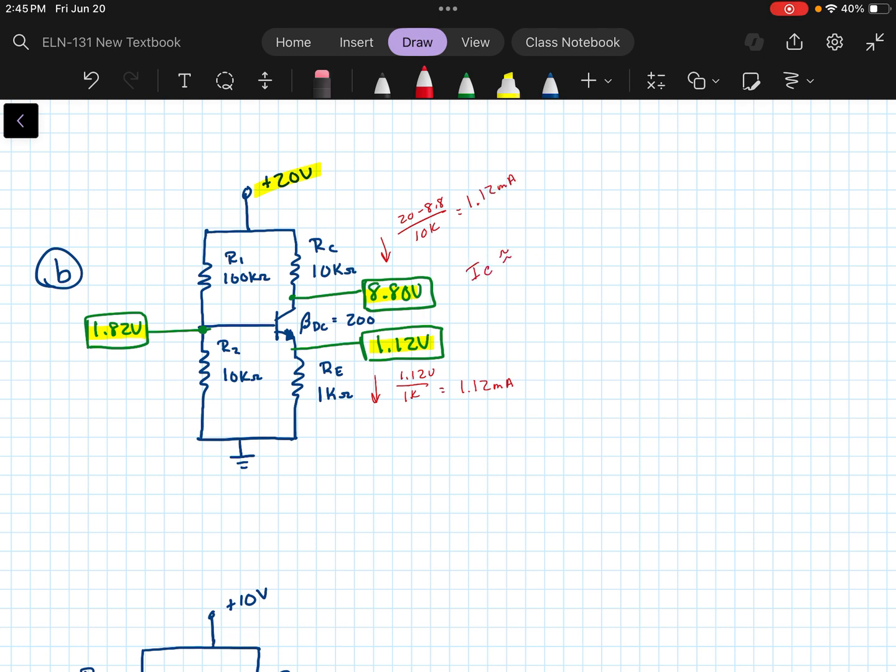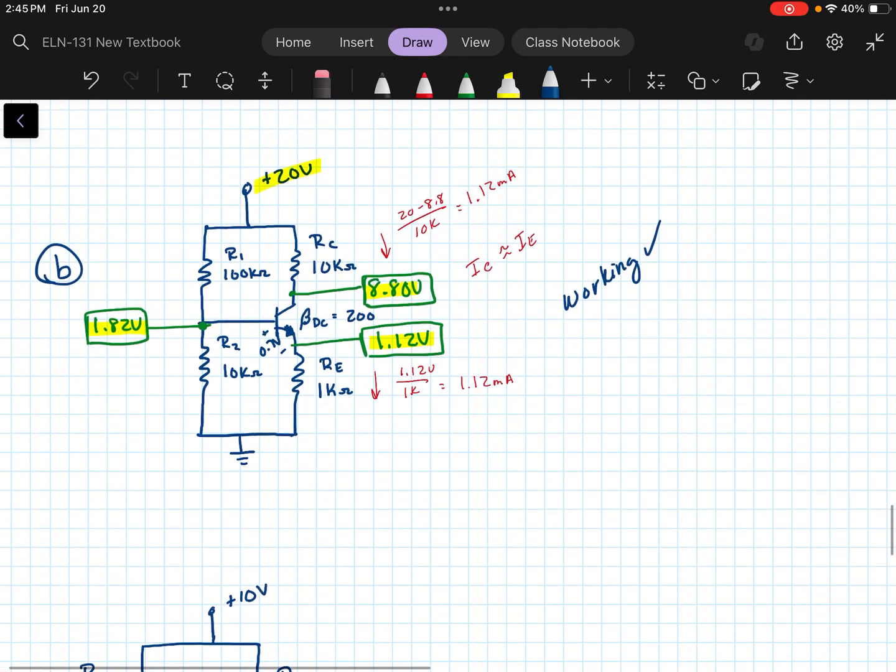So since IC and IE are pretty much equal, and we do have the 0.7 volt drop here, I'm inclined to believe that this is working. Okay, I don't see any problems with that.